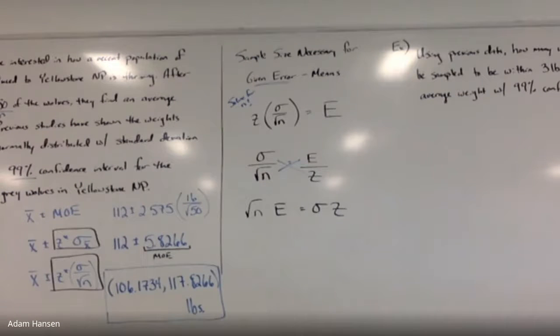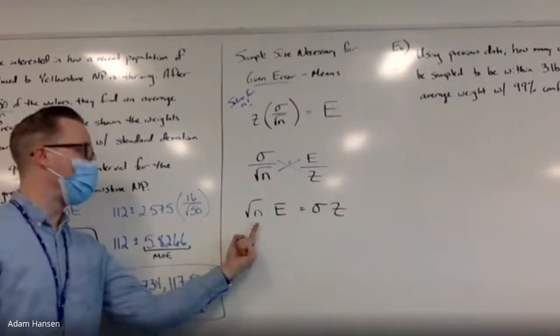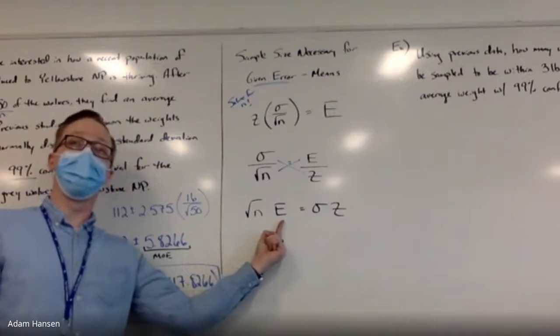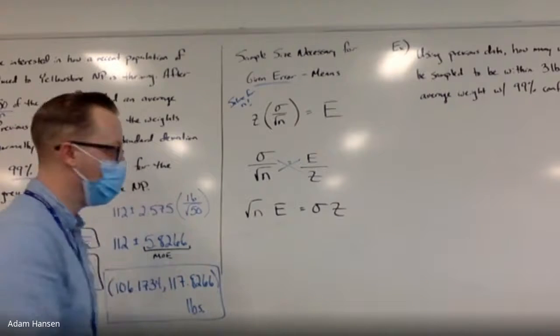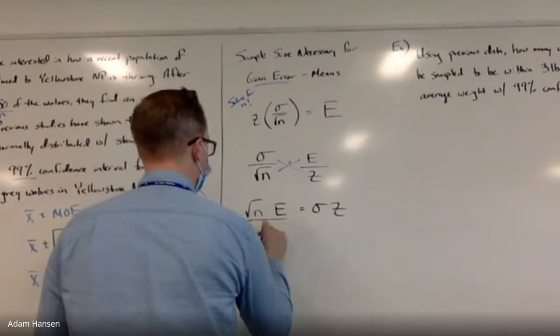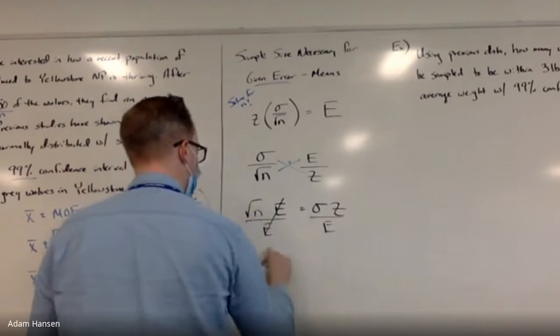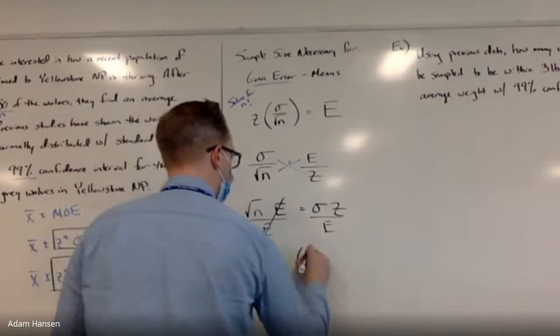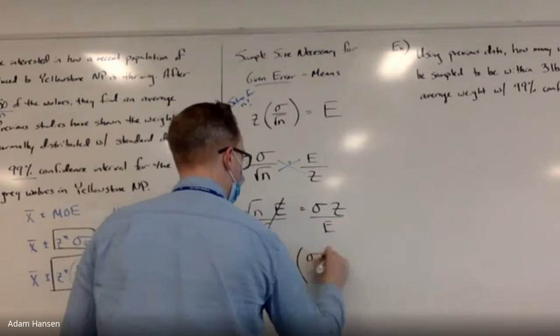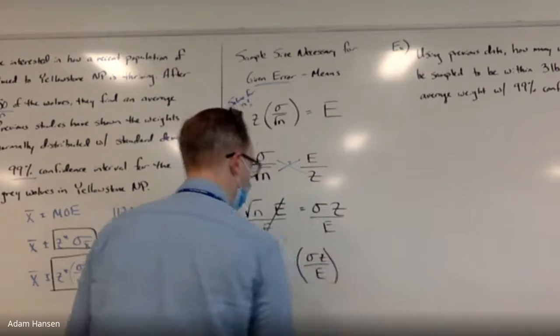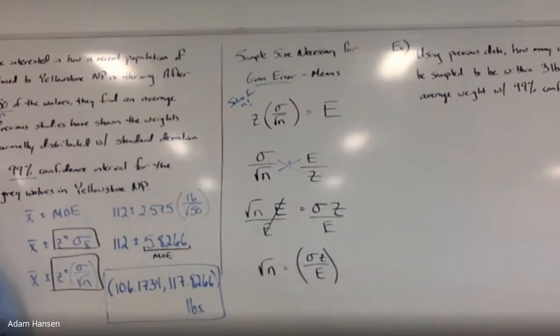Keep solving for n. I'm taking the square root of n times e, so how do I get rid of e? By dividing both sides by the error. And lastly, I have the square root of n equal to this sigma z over e formula.